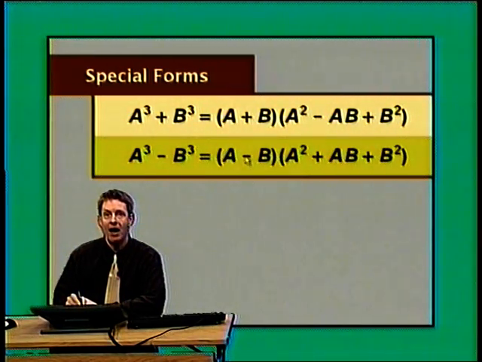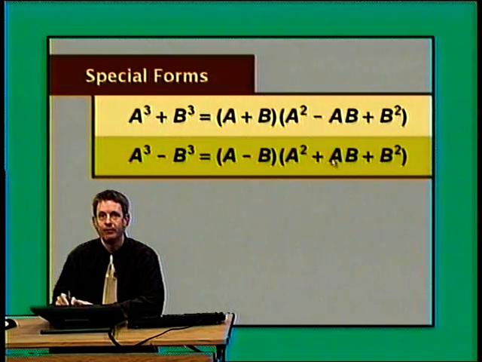Then I have a trinomial, and the one thing that I remember about the trinomial is that the sign in front of ab is the opposite sign that we had between our two terms in our binomial. So when we have a plus b, we have a minus sign in front of ab, and when we have a binomial of a minus b, we have a plus sign in front of ab. One more thing about this, a common error is that people will put a 2 in front of this ab term, so watch out for that error as well.